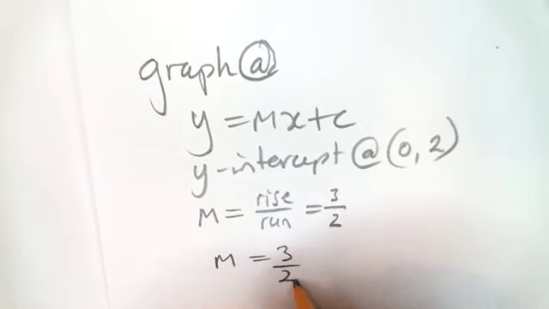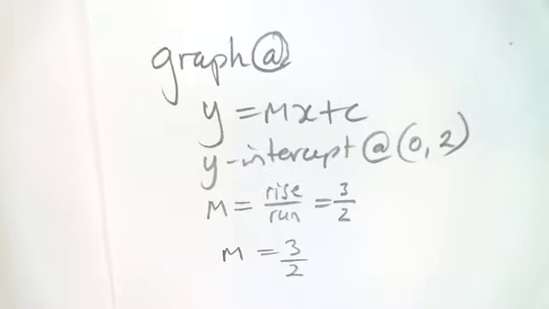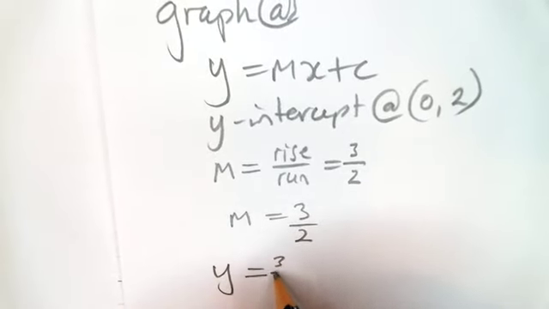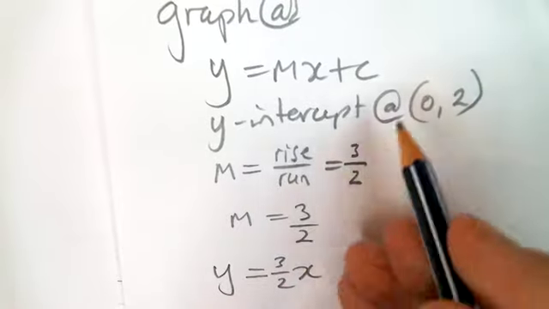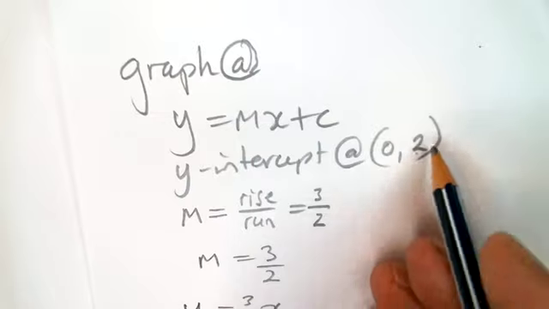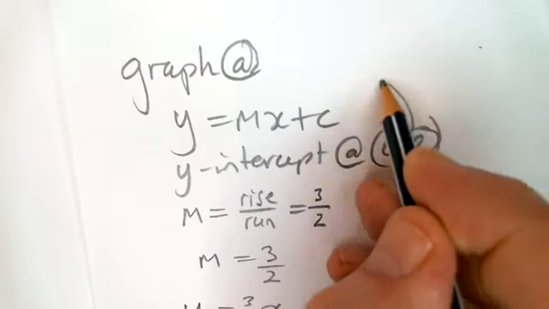Straight away we can write the equation: y is equal to 3 over 2 x, and the c value is 2, the y-intercept.